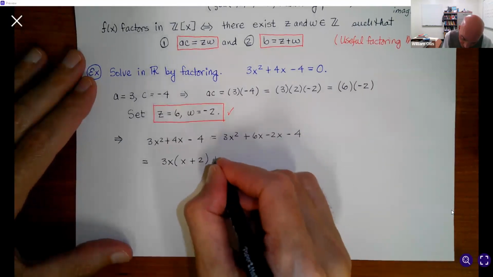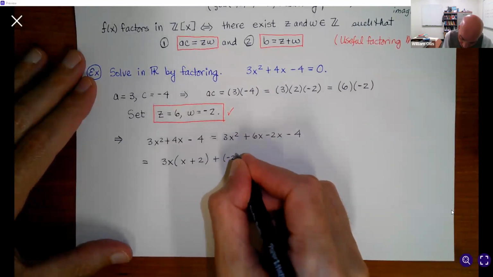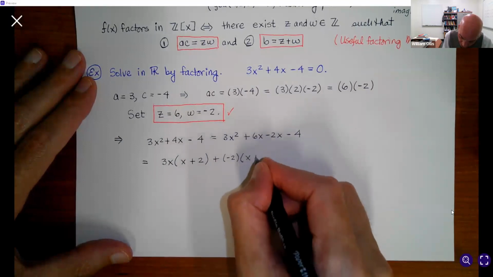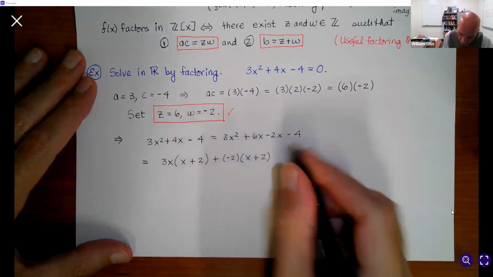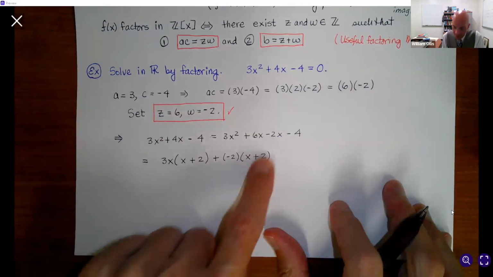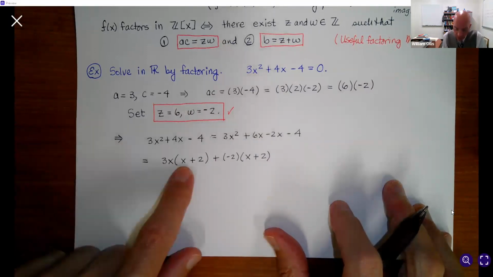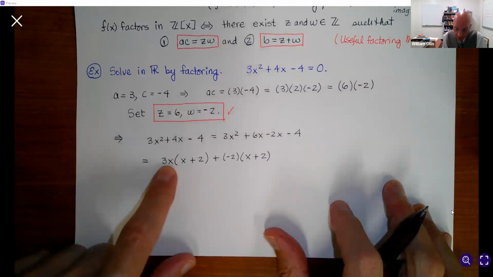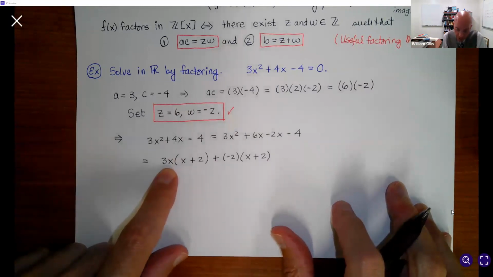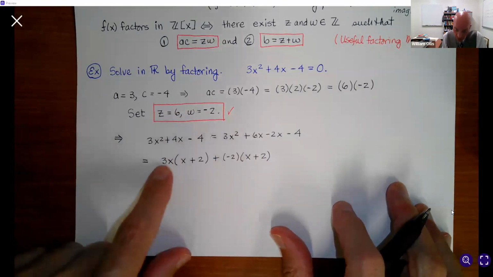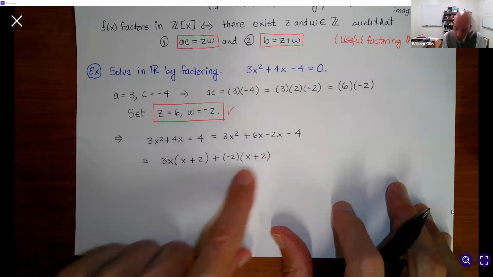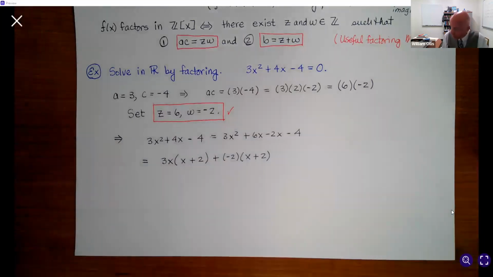So we have plus -2 times an x plus 2. Now, of course, just visually go back and check that you get exactly what you had on the previous line, 3x squared. And in this case, let's just see what we have. Yes, the 3x times the 2, the 6x. So this checks out.